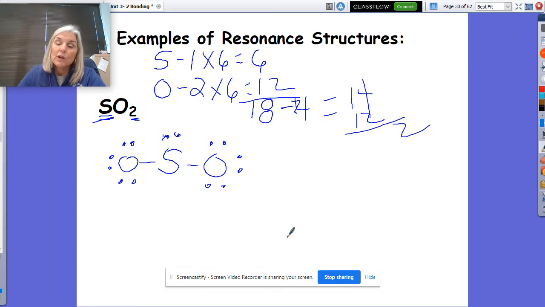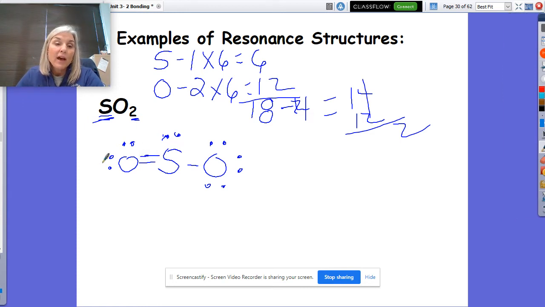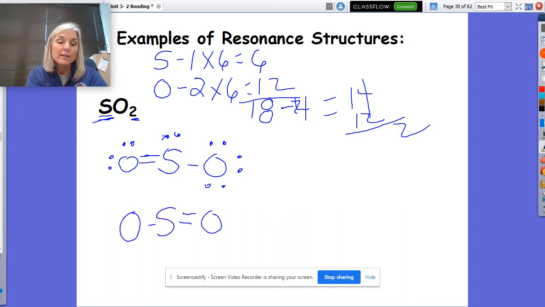So I'm going to erase 2 of the electrons and make that into another bond. Now I have an octet: 2, 4, 6, 8 for the outside, 2, 4, 6, 8 for the sulfur, 2, 4, 6, 8. But as you can see, I could have done that on the right side as well, so I have to show that drawing. So I'm going to put my double bond on the right side.